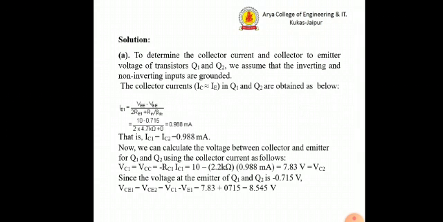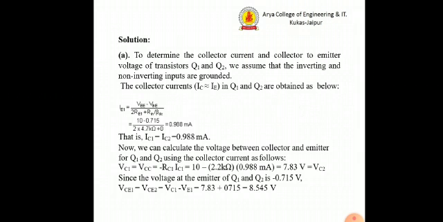Here we also assume that the collector current is equal to the emitter current in Q1 and Q2, and we obtain the emitter current of the Q1 transistor from the equation already derived in the earlier lecture. This gives the values of IC1 and IC2. Now we calculate the voltage between collector and emitter for Q1 and Q2 using the collector current.